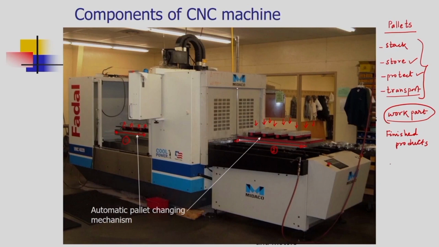So, this again is saving production time, and it is reducing the lead time in manufacturing. The design of the pallet, the changing of the pallet, and the pallet transport system or pallet changing system varies from machine tool to machine tool.